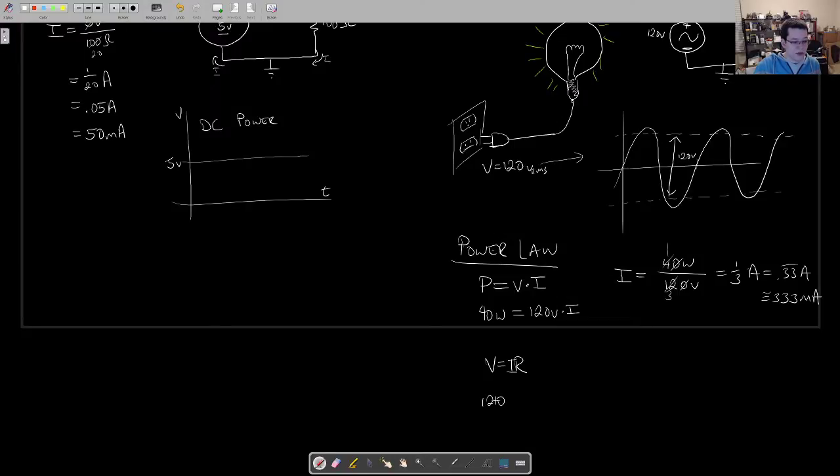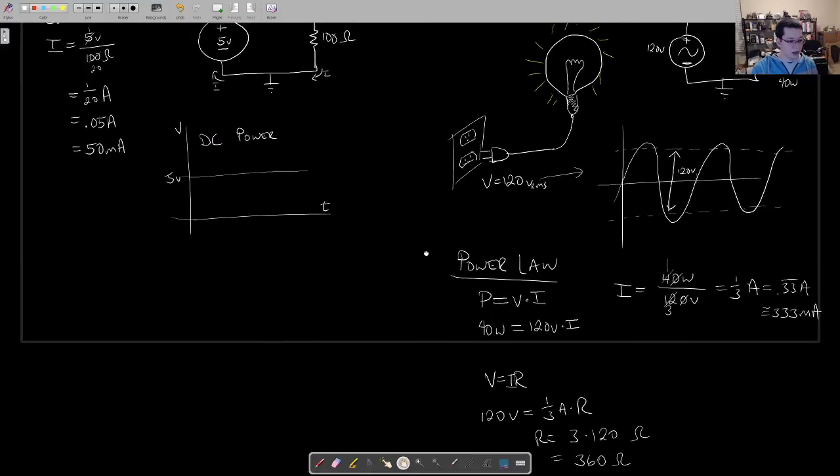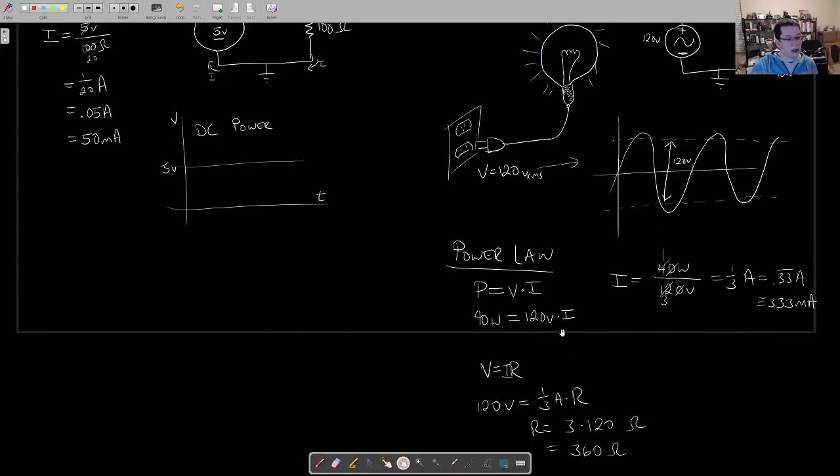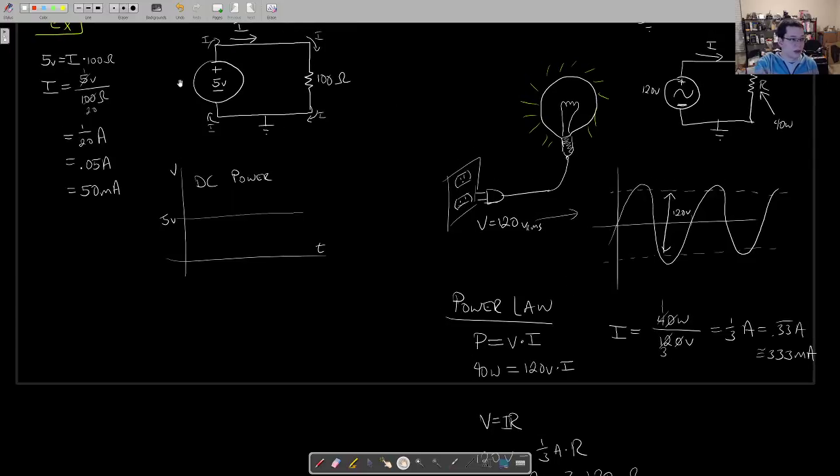We have 120 volts equals 1/3 amps times R. Solve for R. And you're probably looking at this going, well, 360 ohms is not a lot more than 100 ohms. That's a little more than 3 times. Why is this current so much higher? And the answer is because the voltage is so much higher.